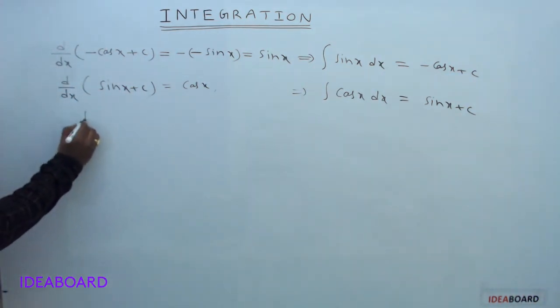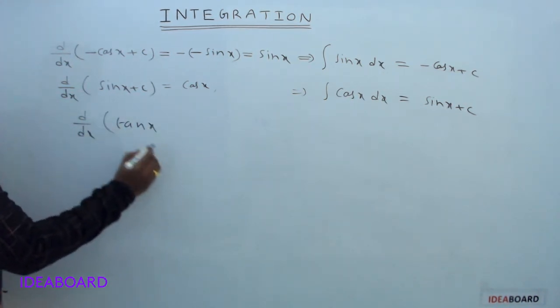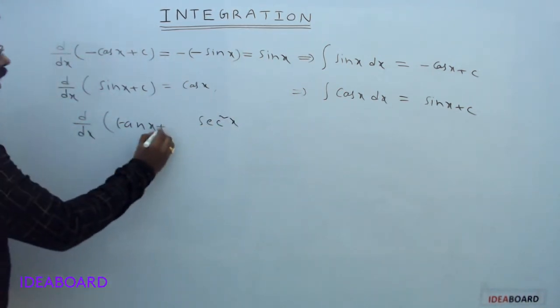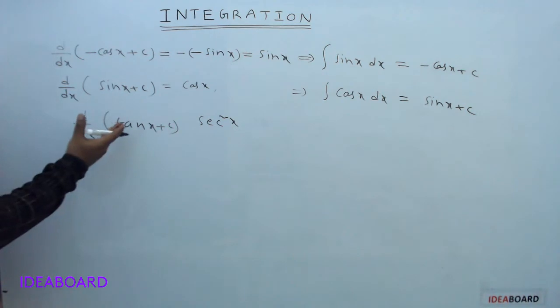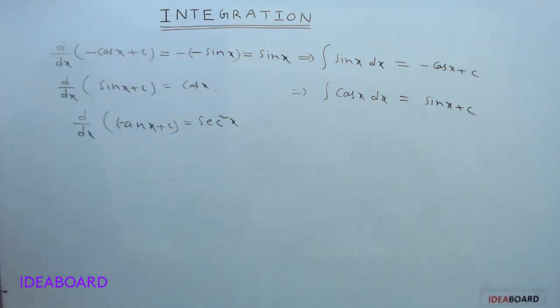Next one, what is the derivative of tan x? Derivative of tan x is secant square x. If you add a constant term, then derivative of tan x plus c is again secant square x.